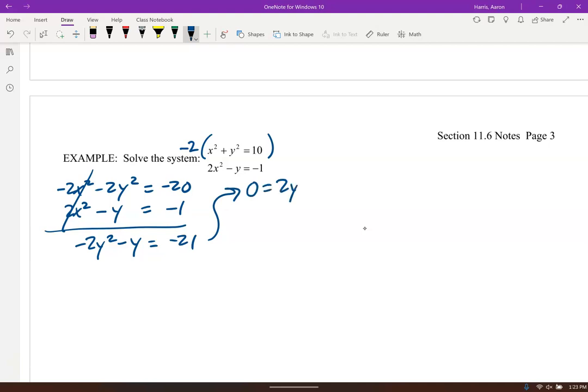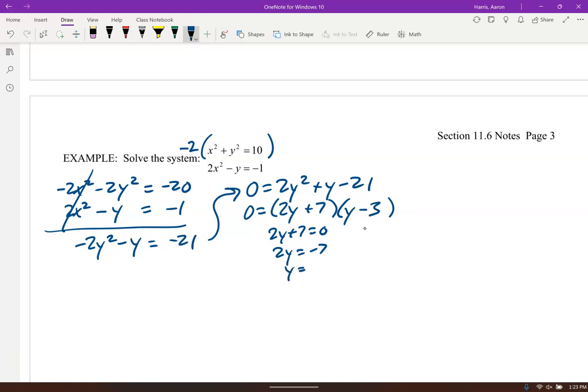So add 2y squared, add y. And so here's what we end up with. So 2y plus 7 equals 0. Subtract 7, subtract 7. So y is -7/2, or y is 3.